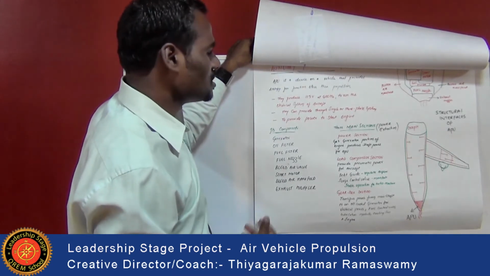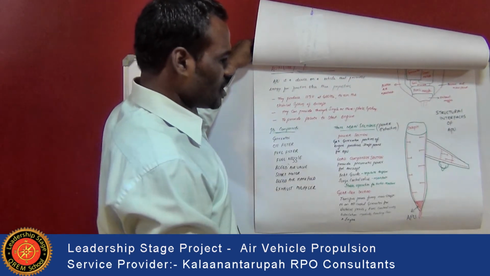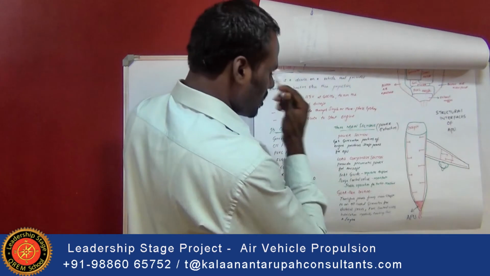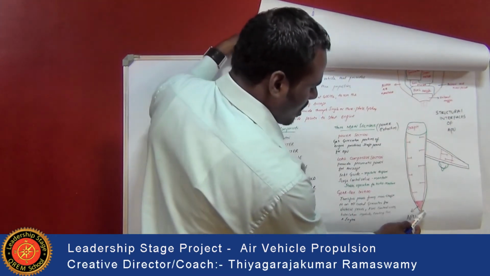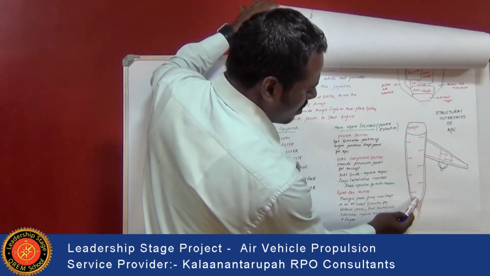Then, what are the components involved in the auxiliary power unit, and what is the structural interface of the auxiliary power unit shown in the representation of an aircraft? Usually the auxiliary power unit is situated at the end, that is, in the tail of an aircraft.